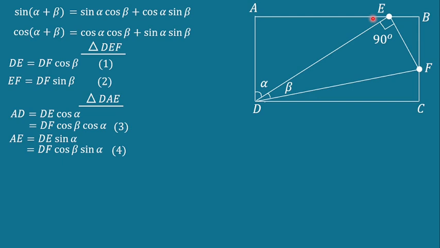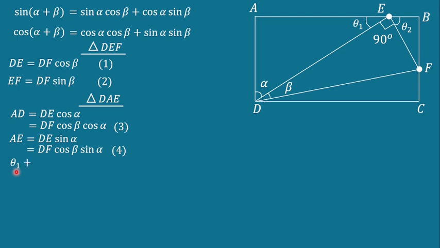Now we define the angles at point E on this side and on this side to be theta 1 and theta 2. Then from the geometry of this line AD, I can write theta 1 plus 90 degrees plus theta 2 equals 180 degrees.